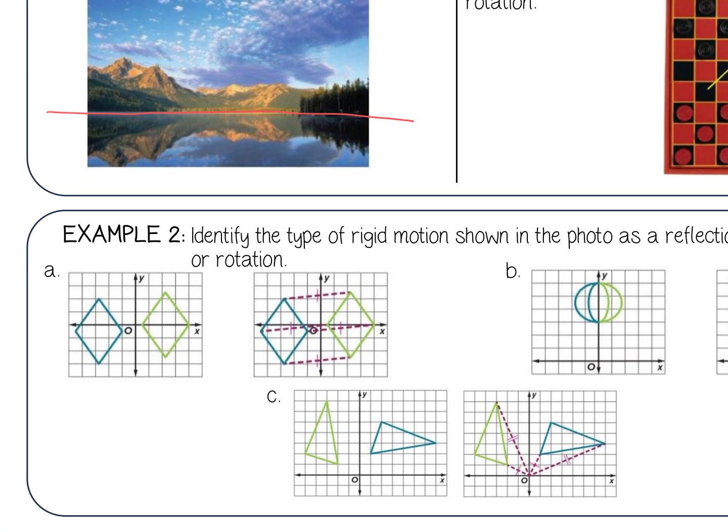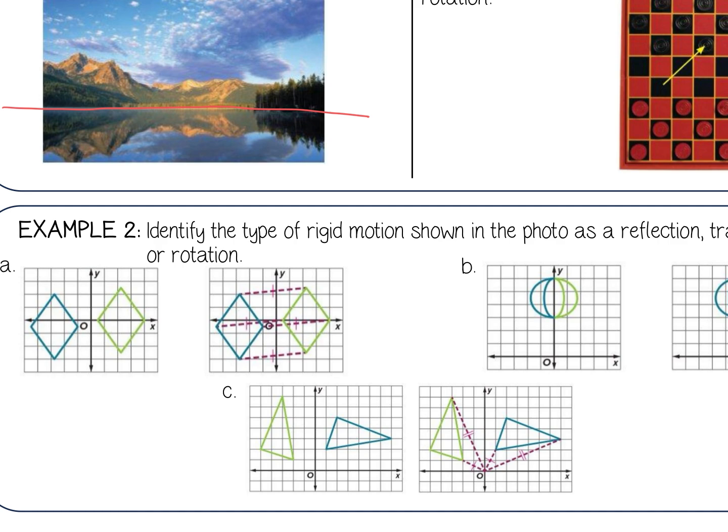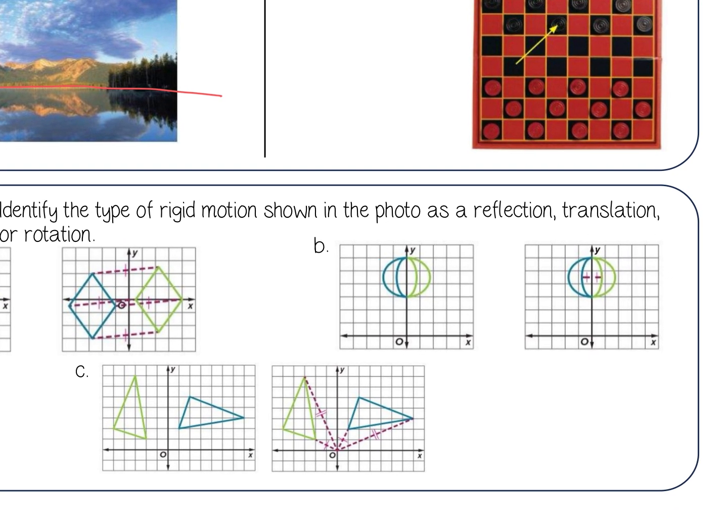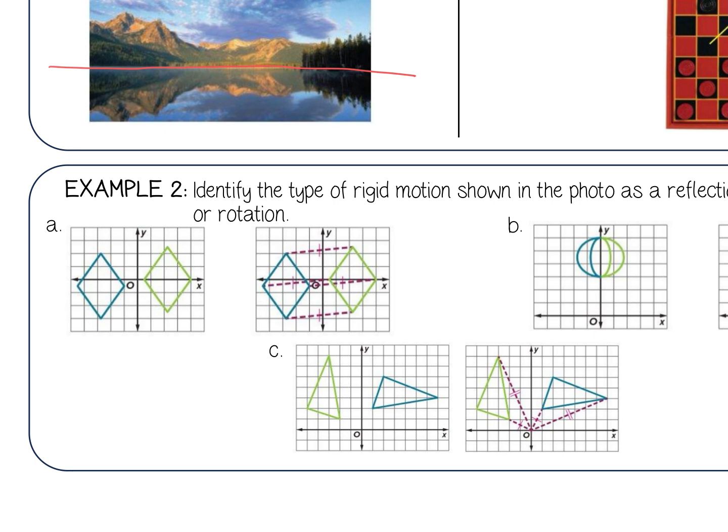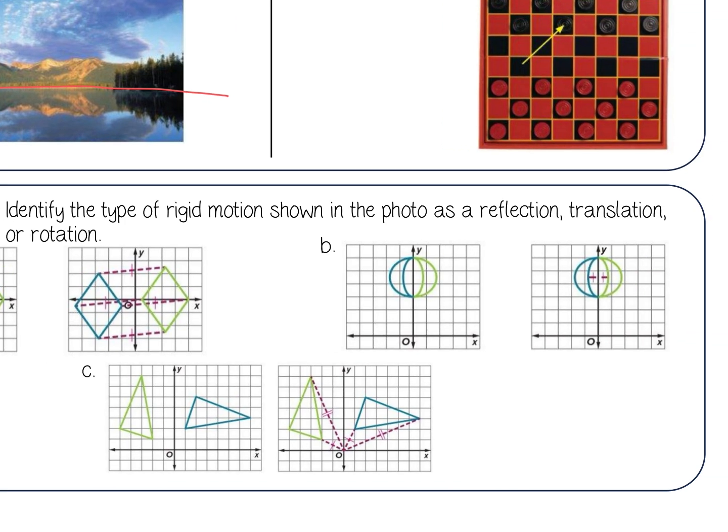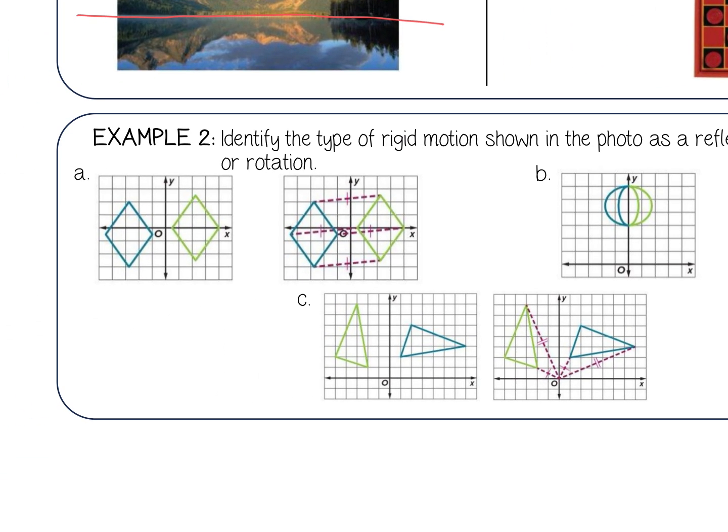All right, example 2, it says identify the type of rigid motion shown in the photo as a reflection, translation, or a rotation. Also, we need to define that blue is the pre-image, so if you want to give a little key, and green is the image.